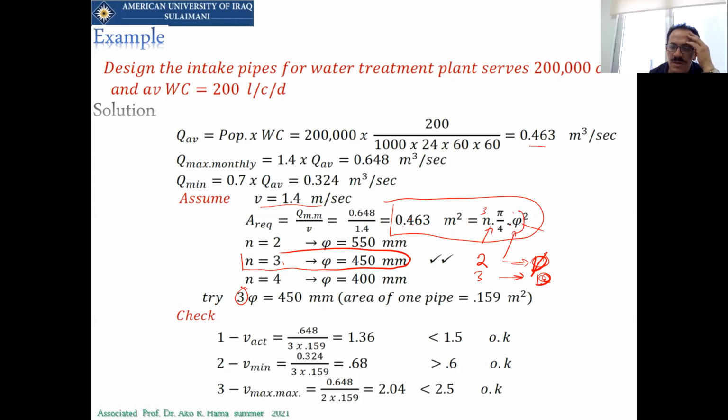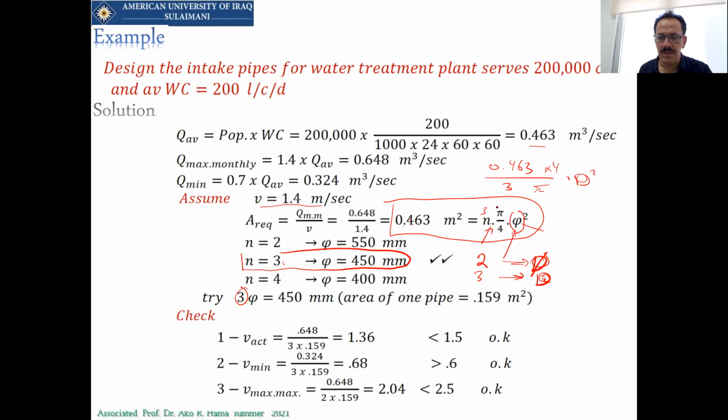So how much will be the diameter of this pipe? You can find this: 0.463 divided by 3, times 4 divided by pi, will be d squared. So the area required is equal to n multiplied by pi over 4 multiplied by diameter squared.